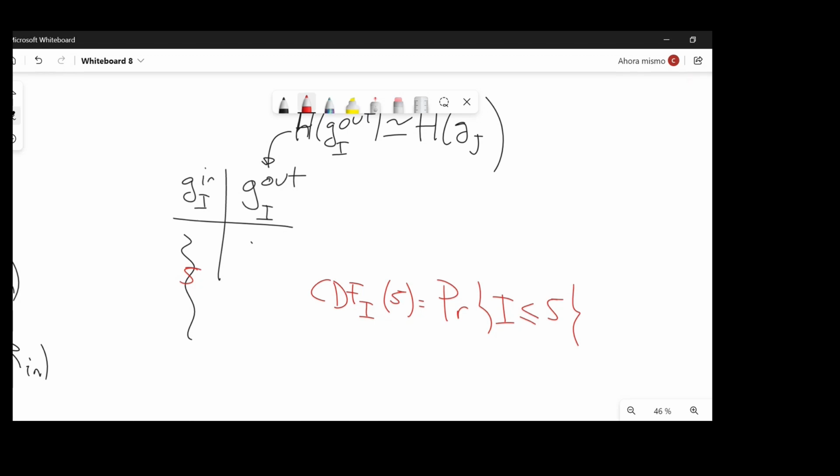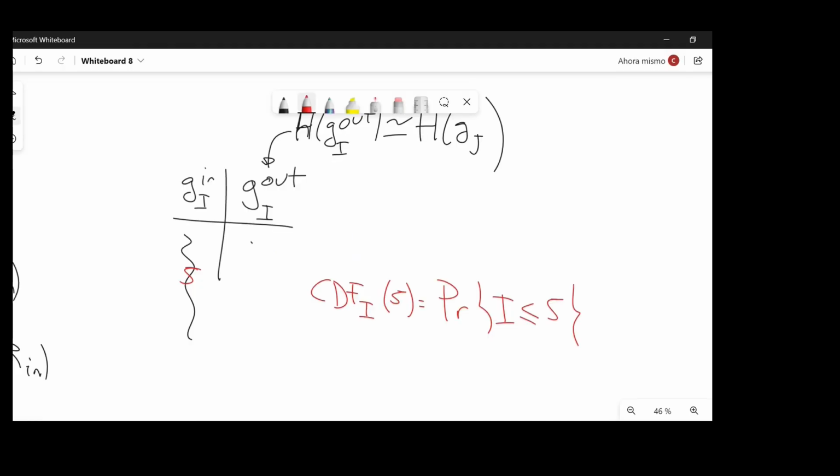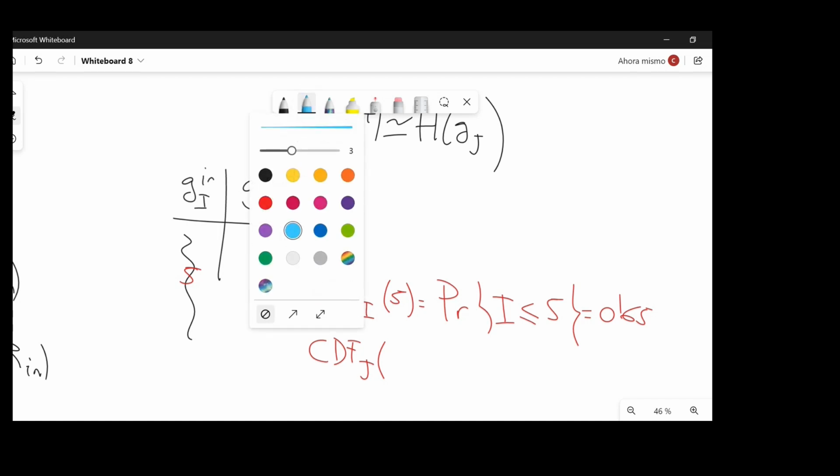In this particular case, that value, let's say, is 0.65. Then I can wonder, okay, what is the value? I have to find the value in the image J. Now I will use a different color.